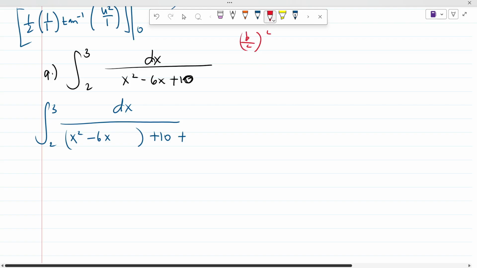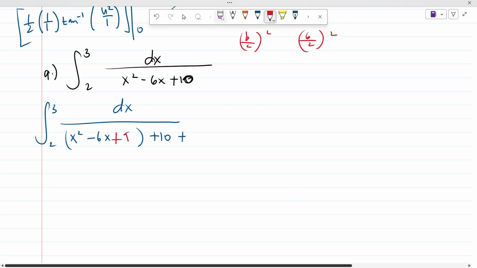Yung b natin yun yung 6. Then, squared lang natin. So, I think, alam nyo na sagot dyan, guys. This will be equals to what? 9, di ba? 6 over 2, 3. Then, squared mo pa. Magiging 9.